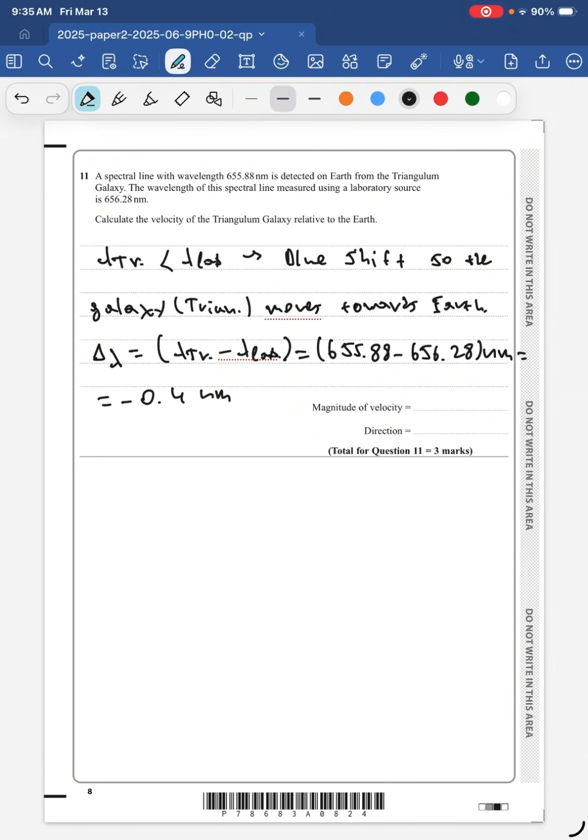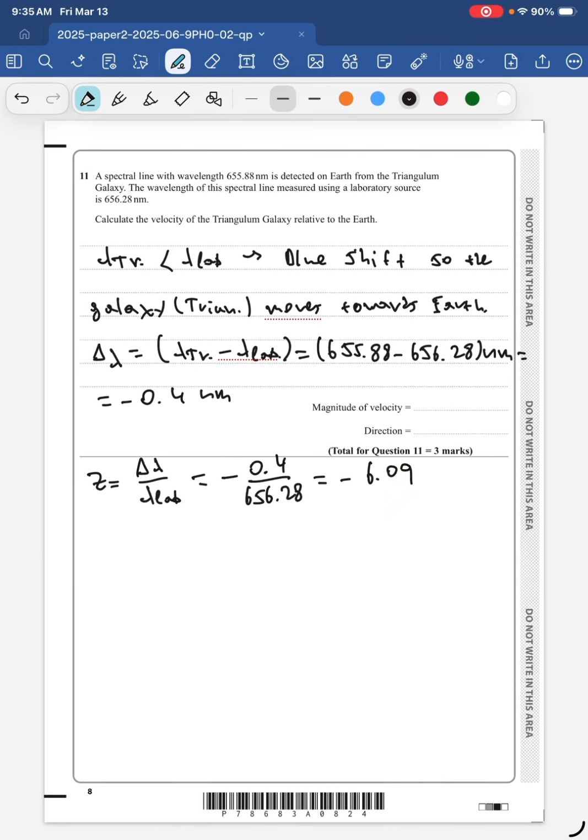So the z factor, the Doppler factor, is given by delta lambda over lambda lab. It's always lambda lab in the denominator, by the way. So minus 0.46 over 656.28 yields minus 6.09 times 10 to the negative 4.